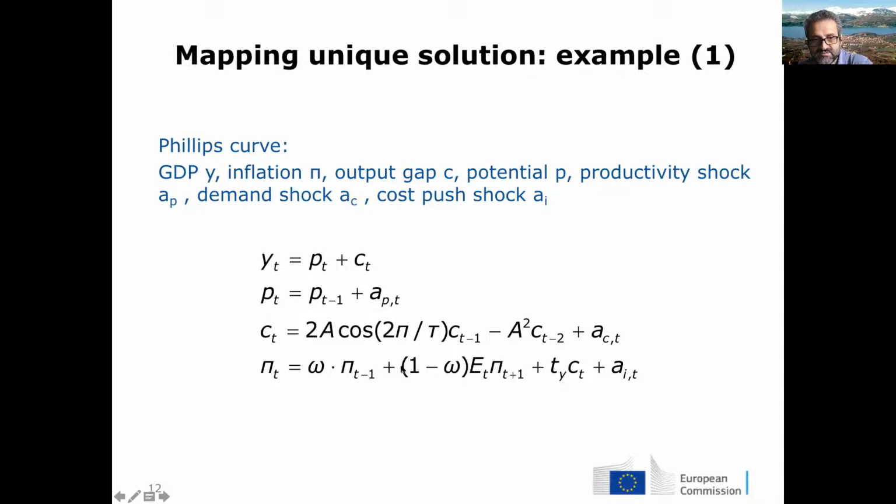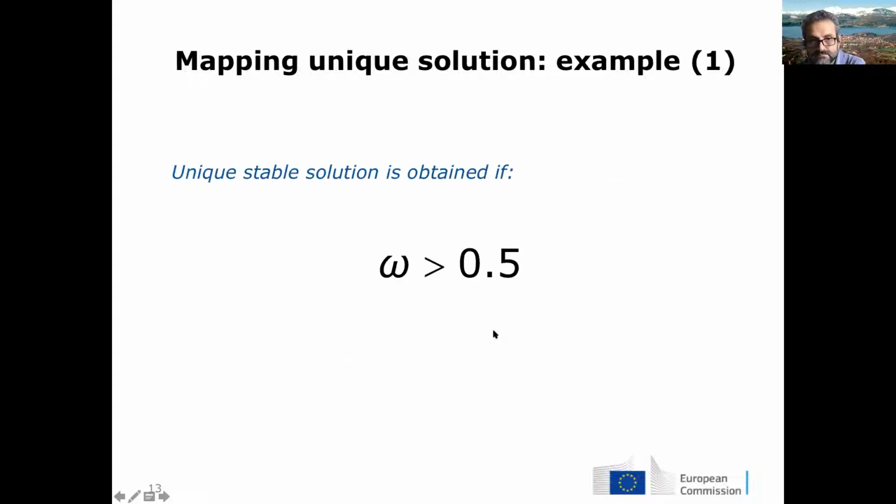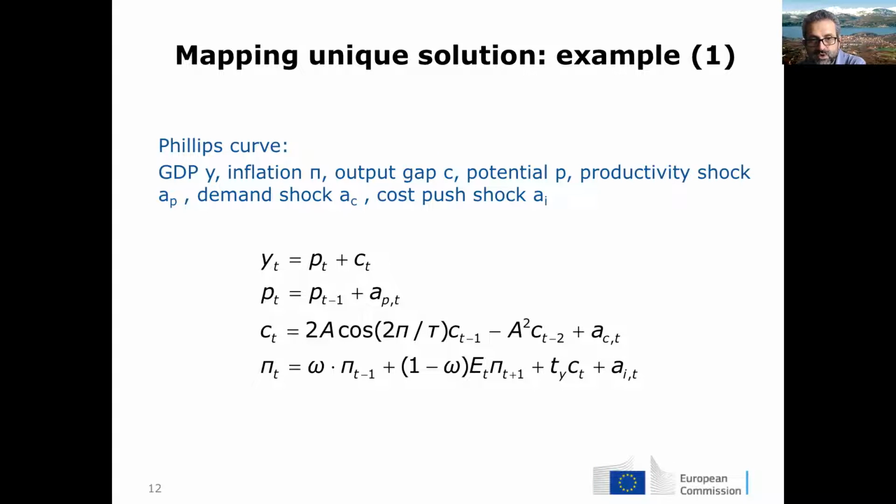An AR2 process is parameterized in terms of period and amplitude, to ensure that we don't have persistent oscillations.